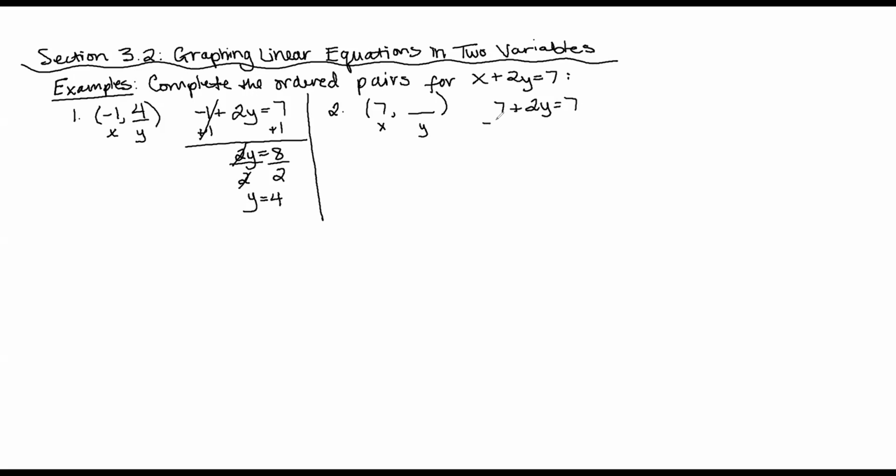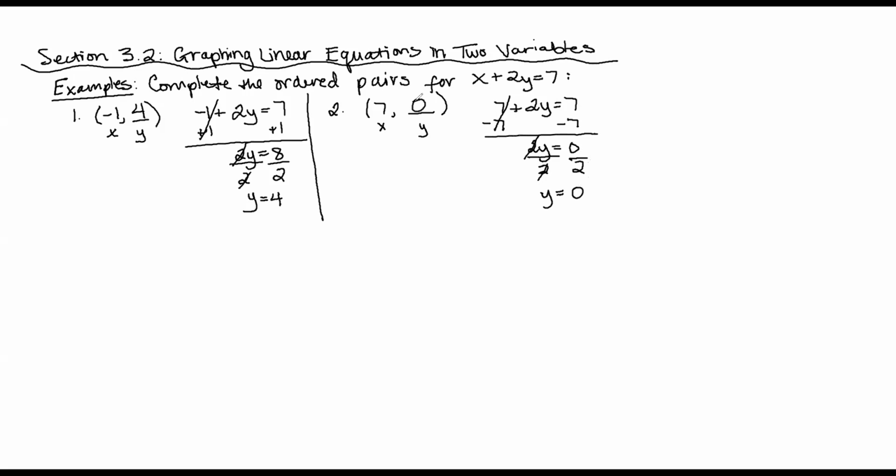Let's do the same thing and subtract 7 from both sides. So we get 2y equals 7 minus 7 is 0. We can't just cancel them, we actually have to put 0 there. And divide both sides by 2. So we get y equals 0 divided by any number is 0.